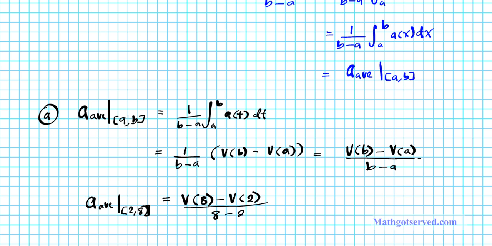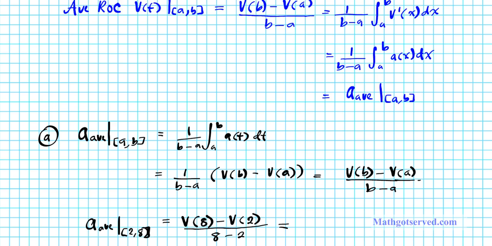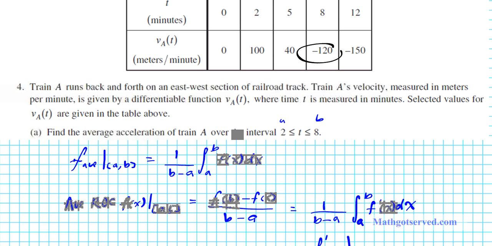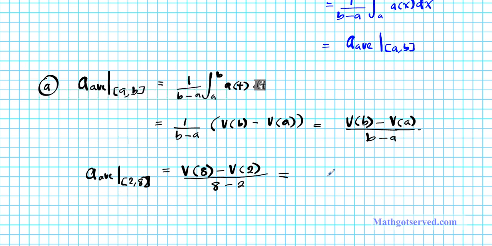minus 2. Okay, so here you just basically use a table to figure out what V of 8 is and V of 2. So V of 8 is negative 120, V of 2 is 100. You input those values into your formula here. So negative 120 minus positive 100 divided by 8 minus 2.